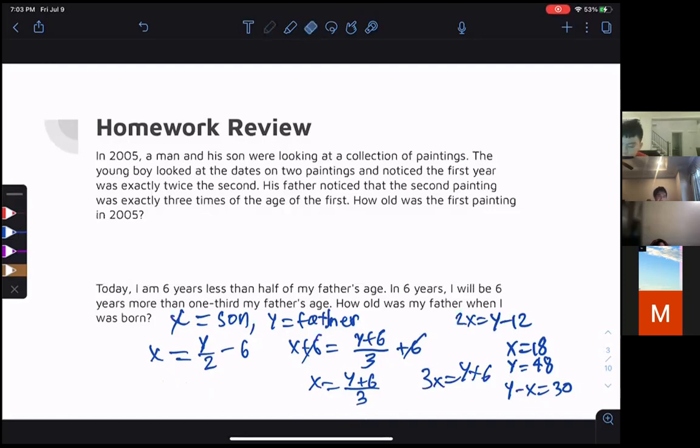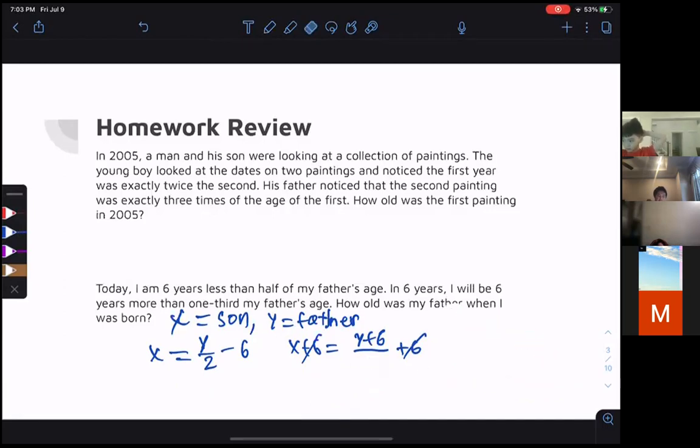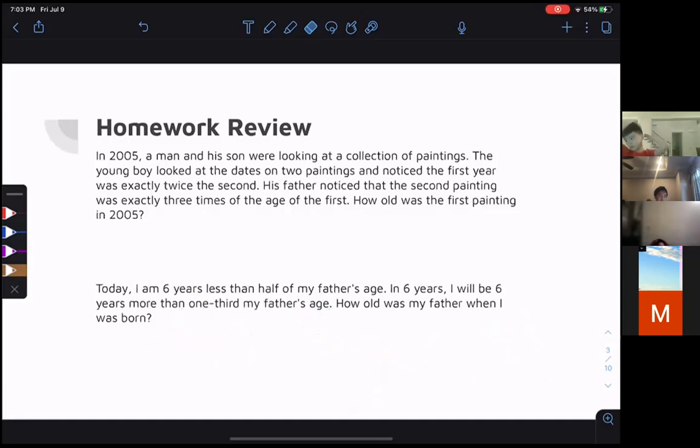And just remember, for all these age problems, generally, it's my father's age also in 6 years. Today's talking about both of their ages today. 6 years is both their ages in 6 years. Just keep that in mind. Even if it doesn't say that, the vast majority of the time, that's what they mean. Unless they say otherwise.